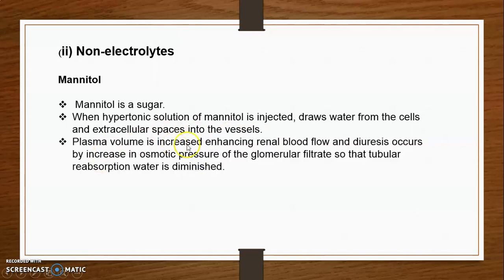Plasma volume is increased because of the mannitol solution, enhancing renal blood flow, and diuresis occurs, by increasing the osmotic pressure of the glomerular filtrate so that tubular reabsorption of water is diminished.